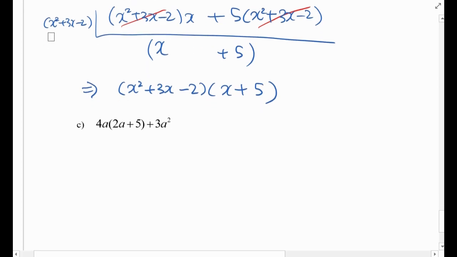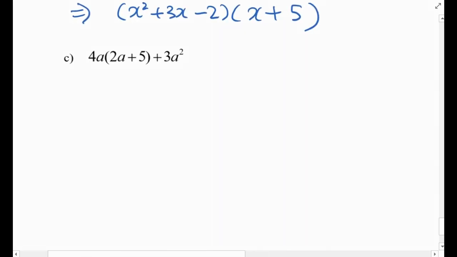Alright, next. Okay, so if you look at this, well, a is in common, and this is the first term, and this is the second term. A is in common, but I think we can find more factors than a.